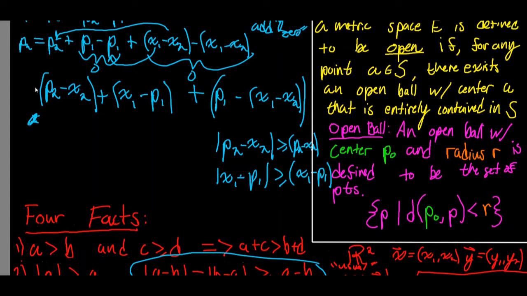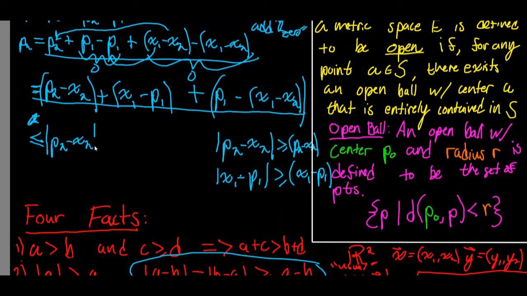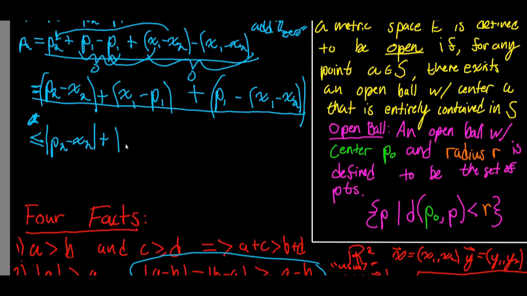This expression right here is equal to this expression on the second line, and that expression is less than or equal to the absolute value of p2 minus x2 plus, and let me clear some room here, plus the absolute value of x1 minus p1 plus p1 minus x1 minus x2.